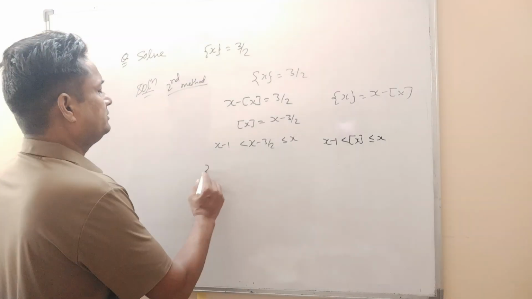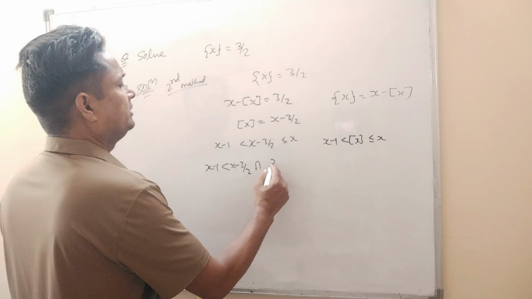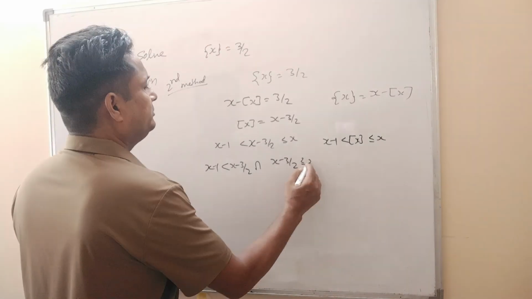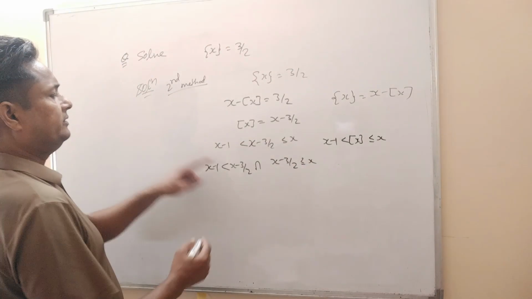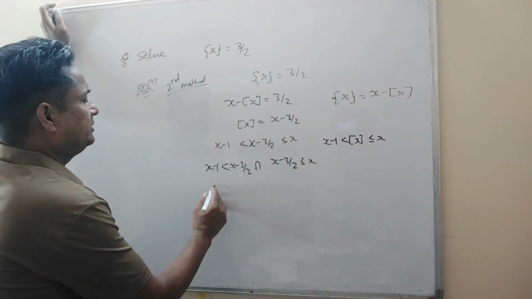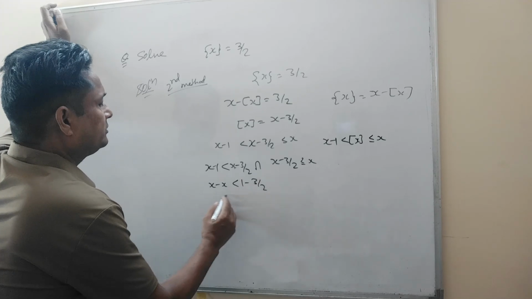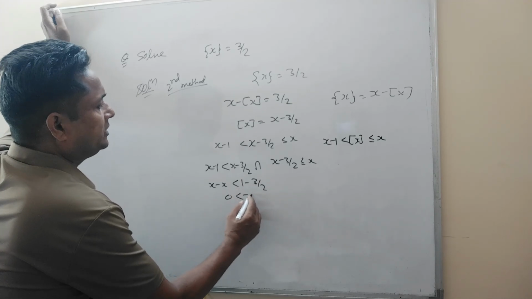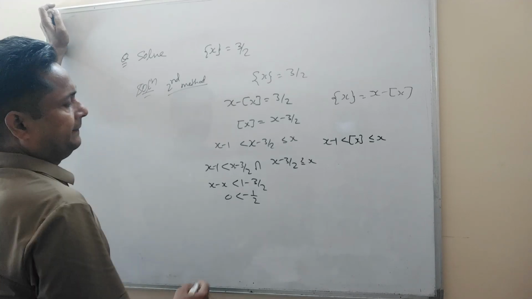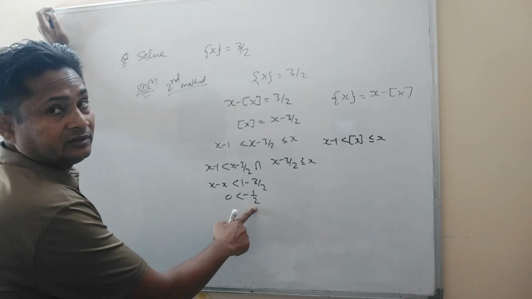This will be x minus 1 less than x minus 3/2, intersection x minus 3/2 less than or equal to x. Now simplify: x minus x is less than 1 minus 3/2, so 0 is less than minus 1/2, and 0 can never be less than minus half.